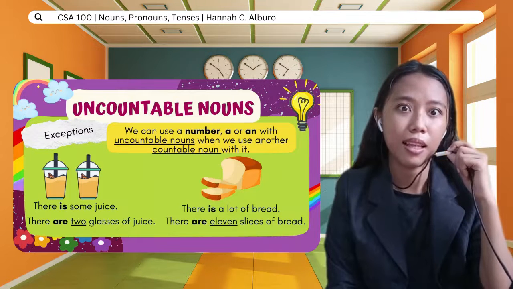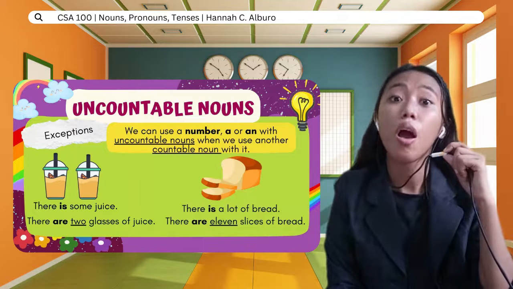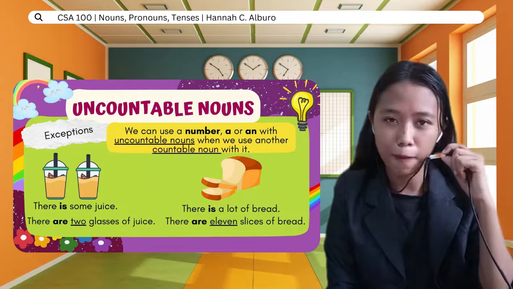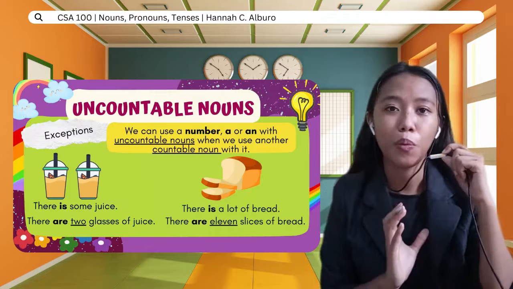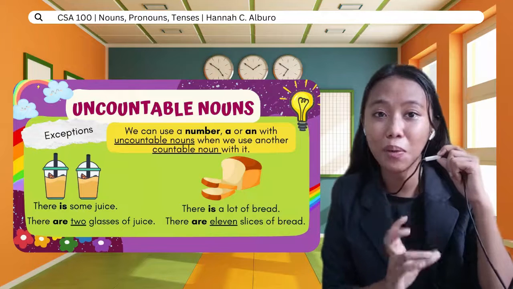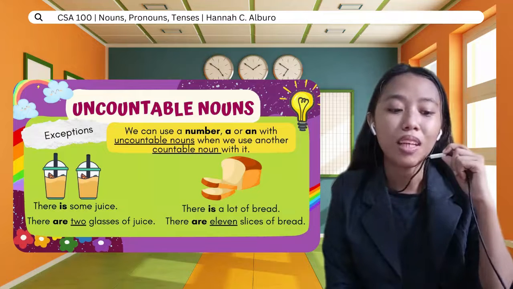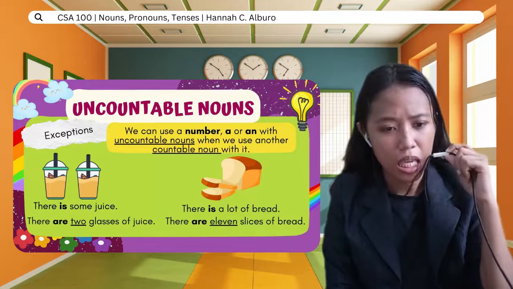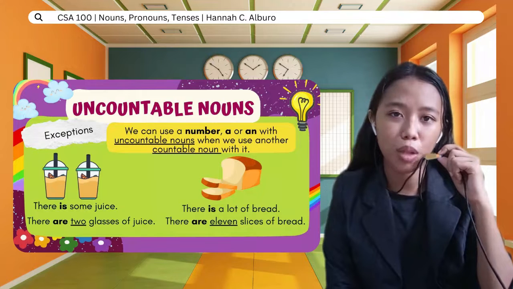Next sentence, there are 11 slices of bread. Okay. In this sentence, we used the number 11. So, from the sentence, can you tell me what the countable noun is?